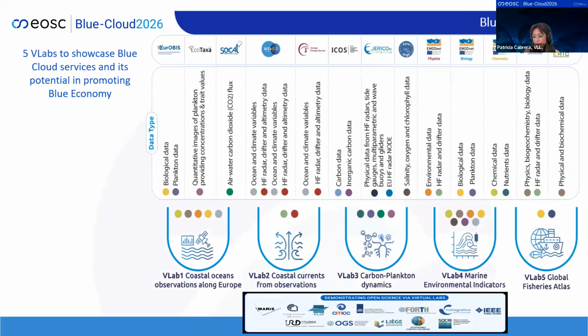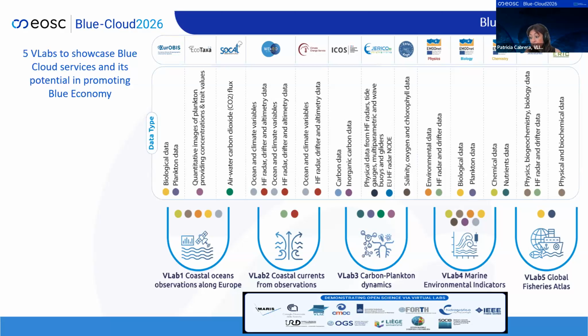Just going a bit more in detail about the virtual labs that will showcase the potential of the Blue Cloud and promote the blue economy. So we have 5 VLabs that are touching different thematic services. The first one will be presented today, so I won't go much into detail. It's called Coastal Ocean Observations along Europe.